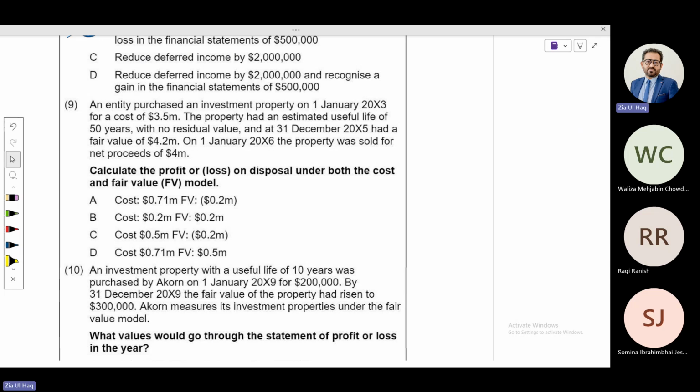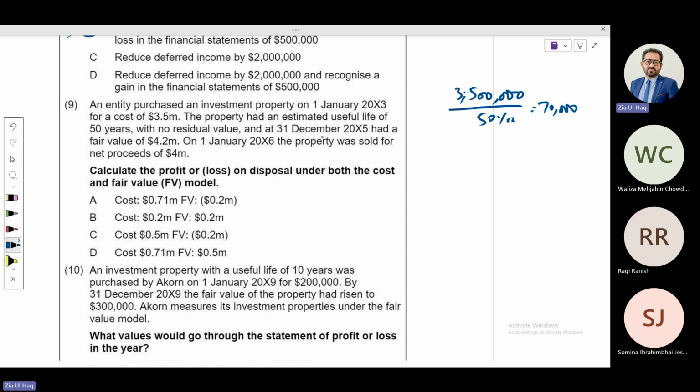What is the annual depreciation? 3.5 million divided by 50 years life. 70,000 annual depreciation.